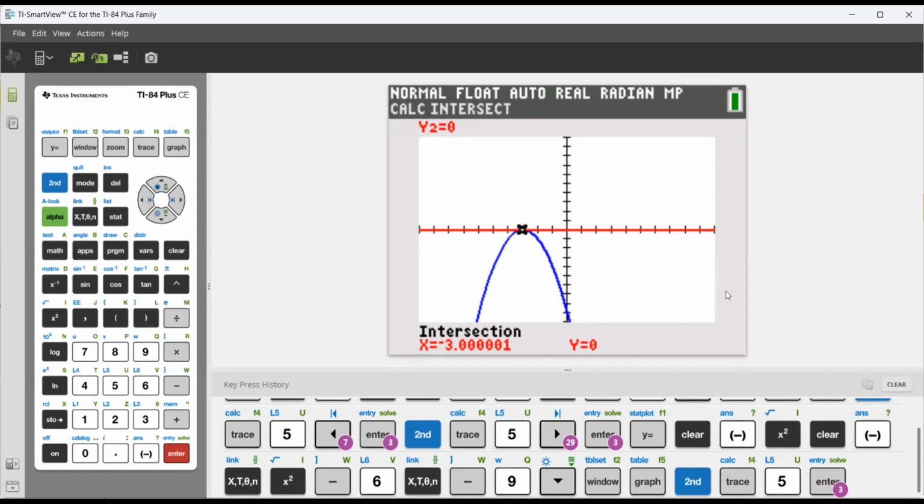So when you come back to your workbook, now look at the vertex. The vertex is the same as the horizontal intercept, right? It's the same, because that is the highest point on the graph. And then what about our y-intercept? It's right here.